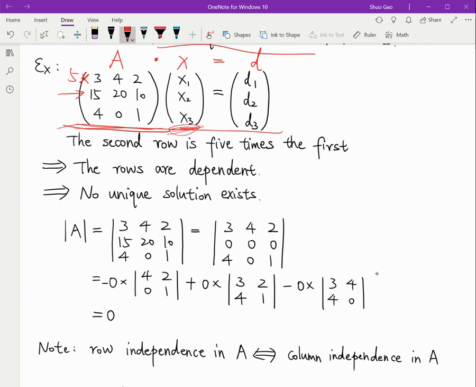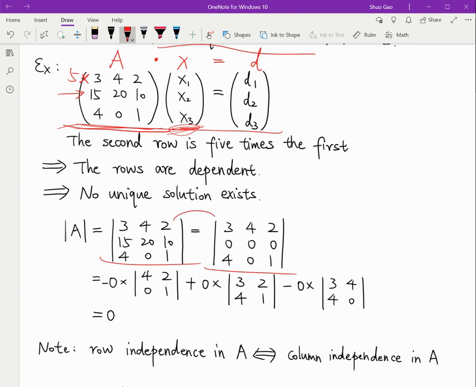The rows are dependent. And you can check the determinant of A by calculating it yourself. So we can simplify this determinant from the first one to the second one. So the second row becomes all zeros, right?